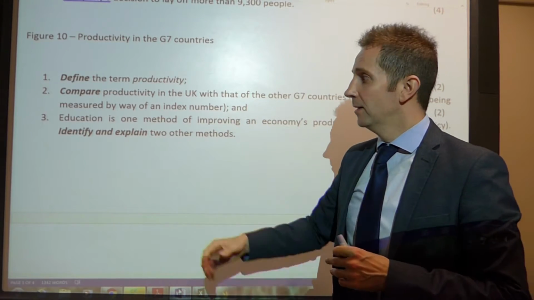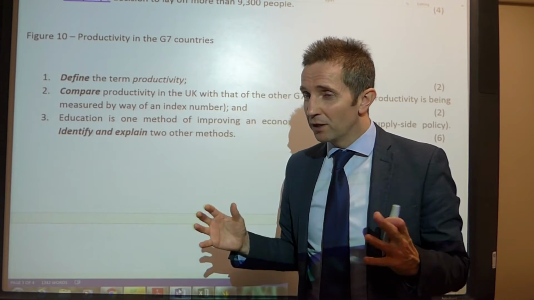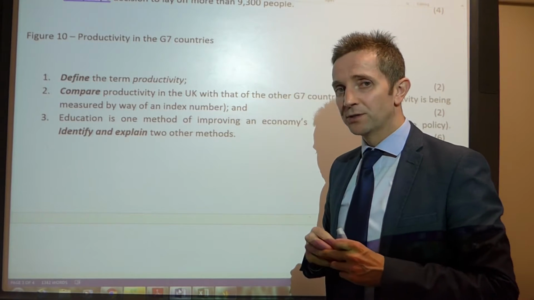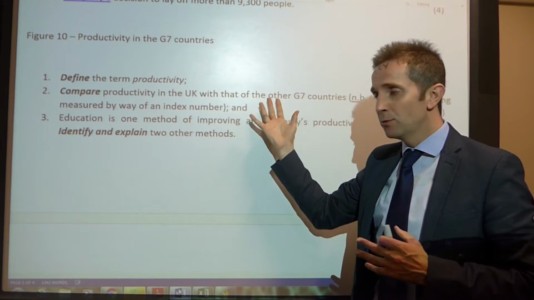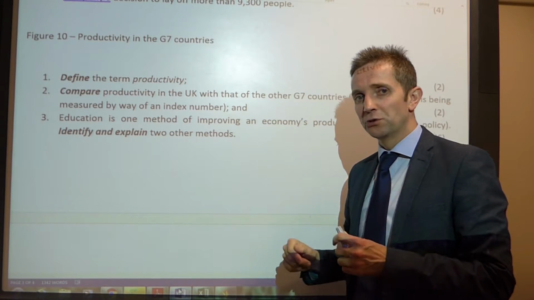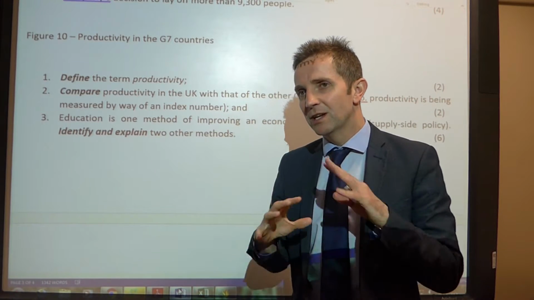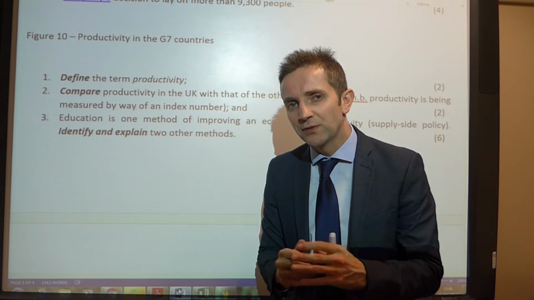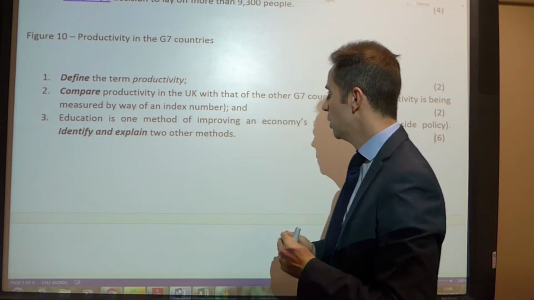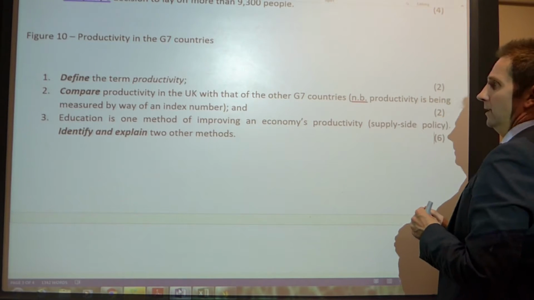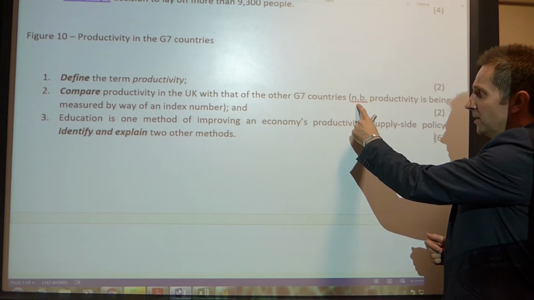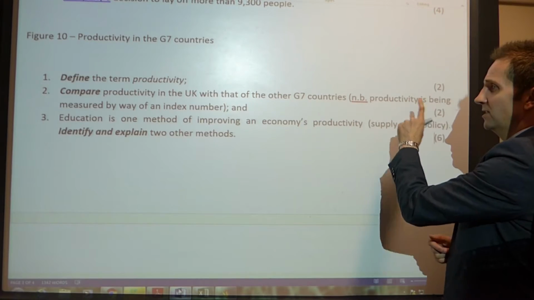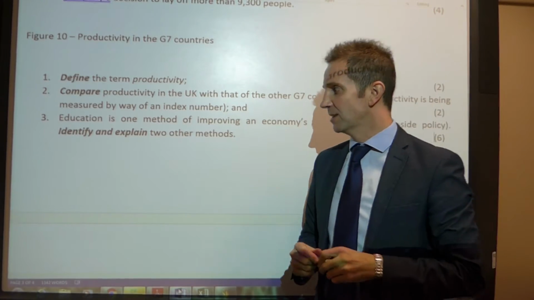Number two, you're given a set of data. It wouldn't be unreasonable for the exam board to ask you to compare productivity in the UK with that of the other G7 countries. Remember, ladies and gentlemen, the G7, the group of 7 leading nations globally. And nota bene, ladies and gentlemen, productivity is being measured by way of an index number.